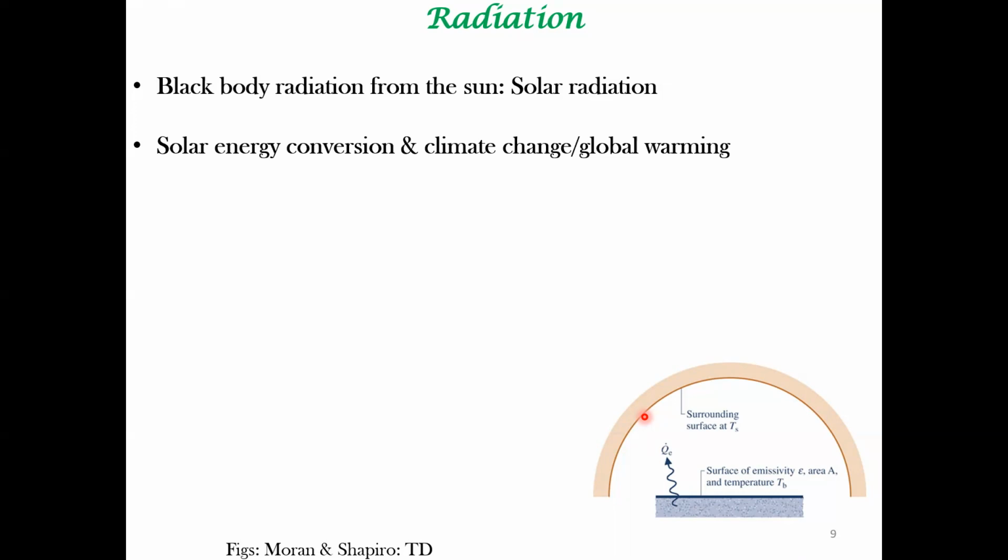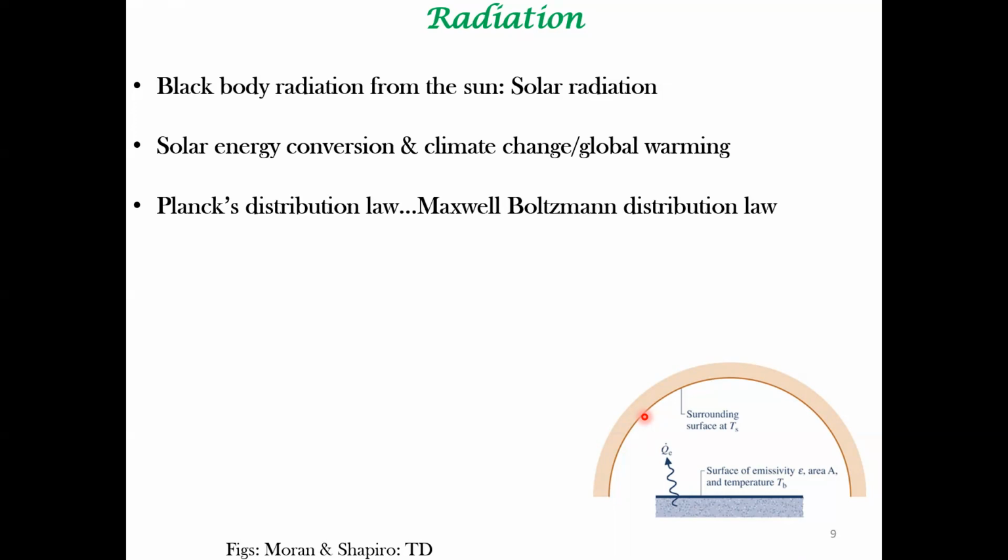It's a very, very important topic of very current interest. You addressed this in one of your assignments. The thermal energy distribution across various frequencies is elaborated by Planck's distribution law.